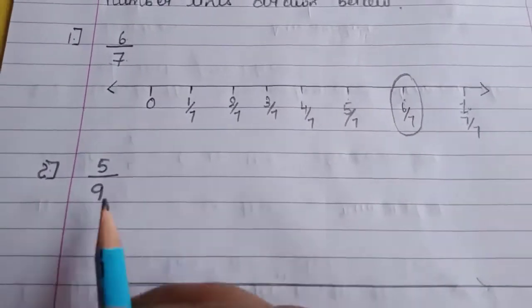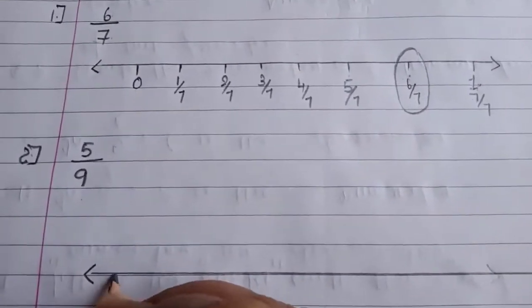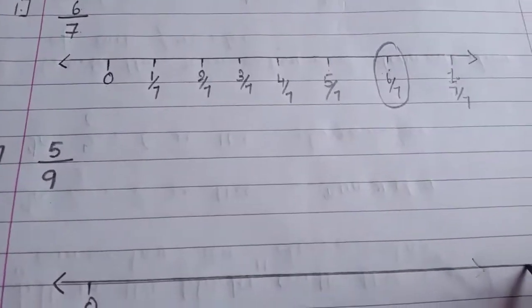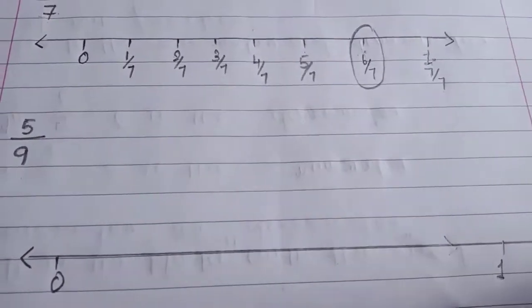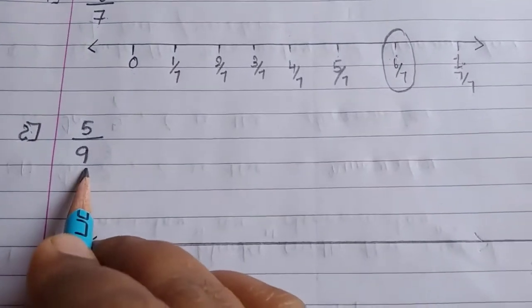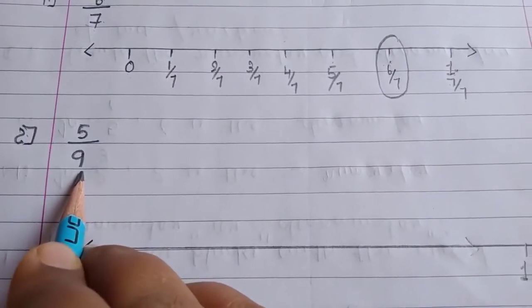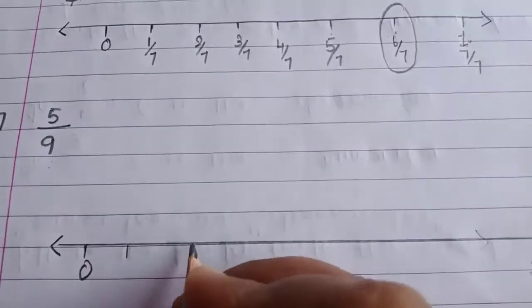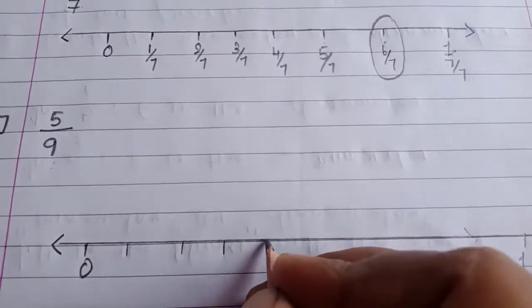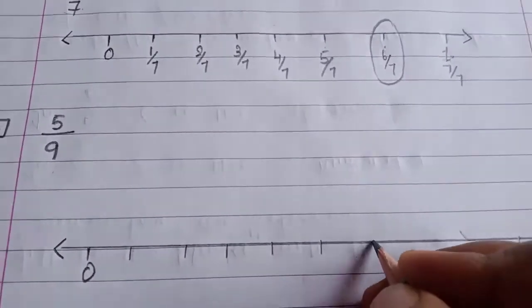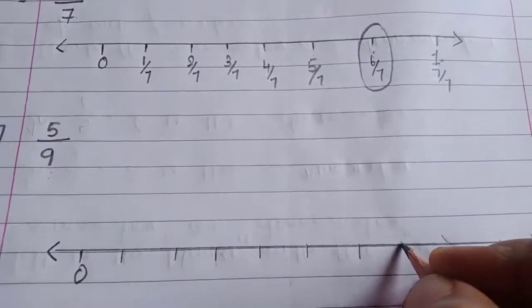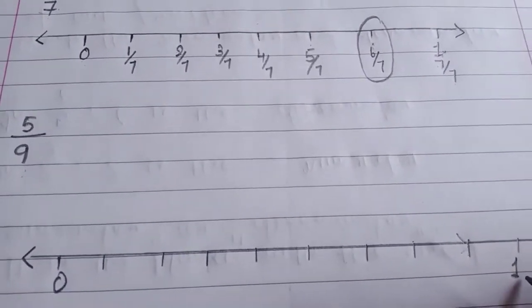Now number 2, 5 upon 9. So first we will write 0 and last we will write here 1. Now how many equal parts do we have to divide this into? In 9 equal parts. So 1 2 3 4 5 6 7 8 then 9.